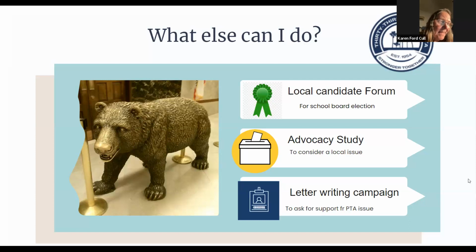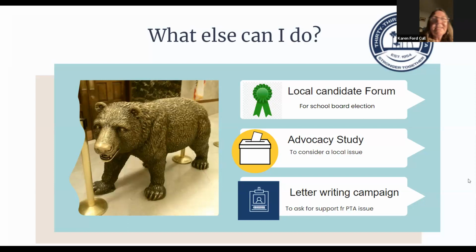Absolutely. I think that anything that comes from California PTA as a legislative alert can go to all your members, and you can also put it on your social media, and you should mention it in your association meeting.